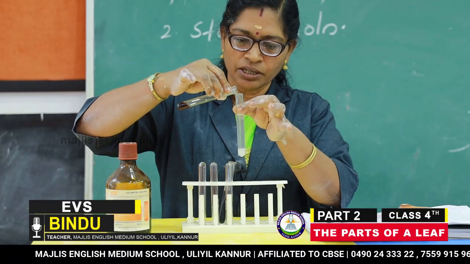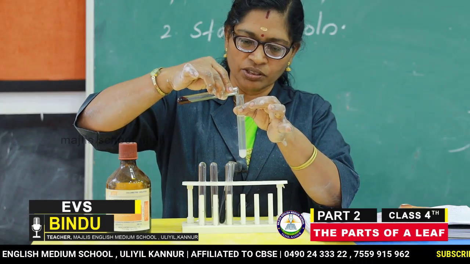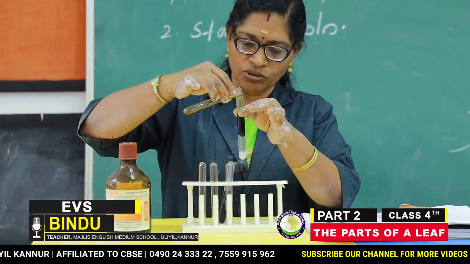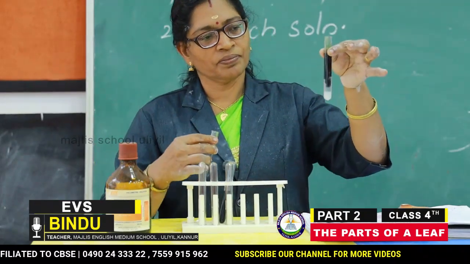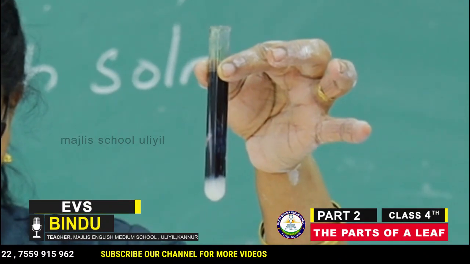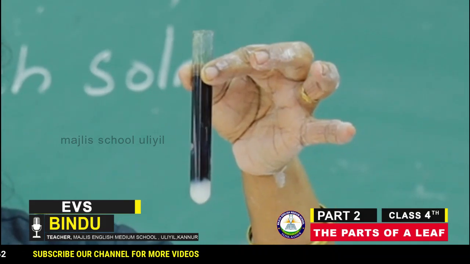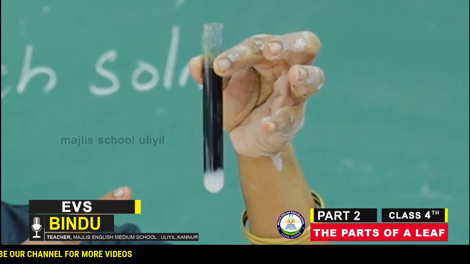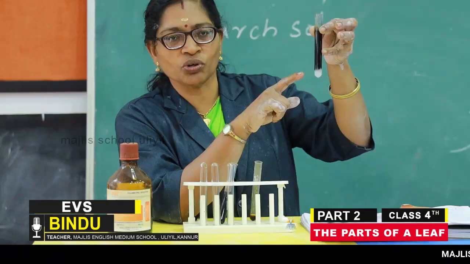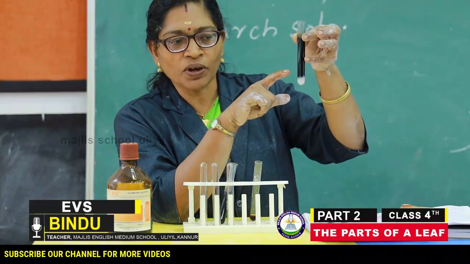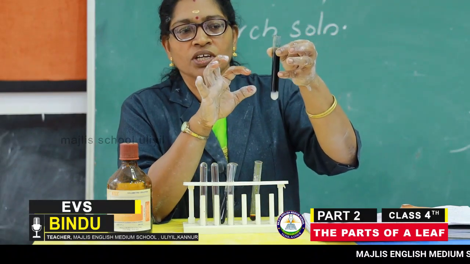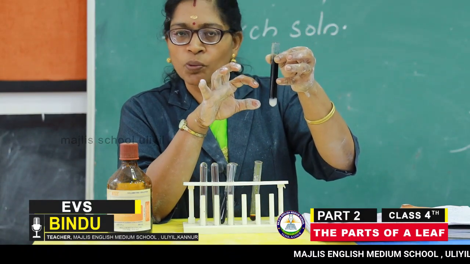Look here, the difference you can see. Can you listen? Yes, in the presence of starch we can see the solution change into blue-black. That is why, because of the presence of starch, it turns into blue-black.